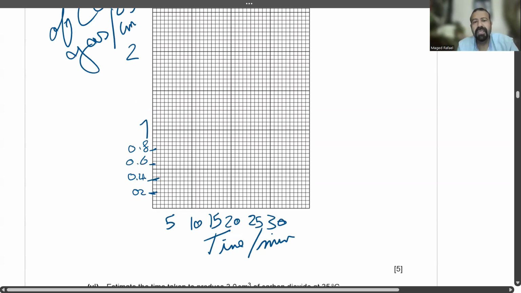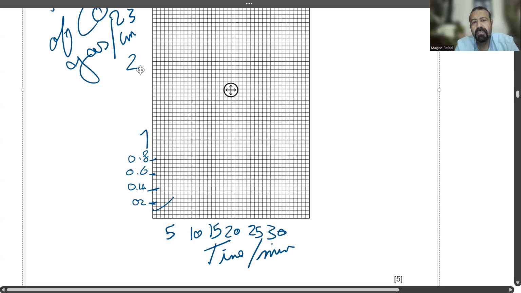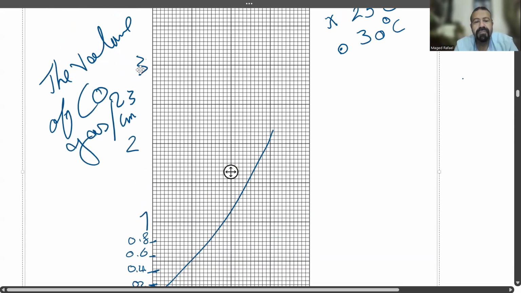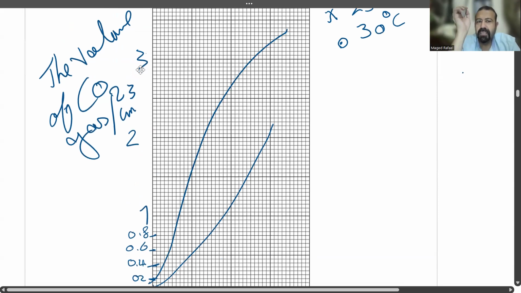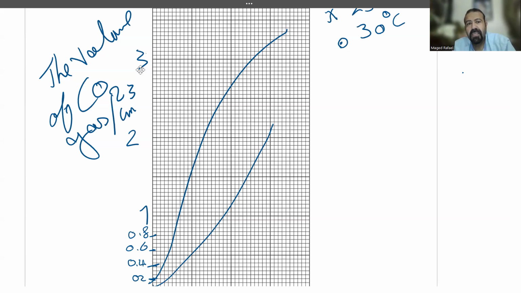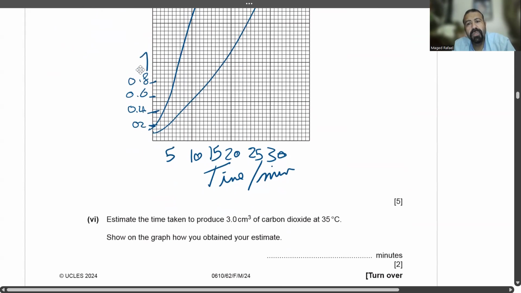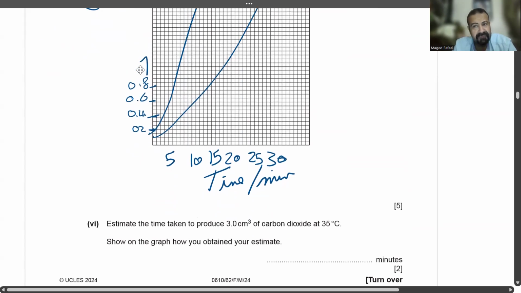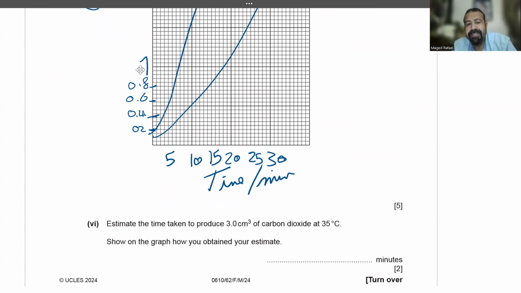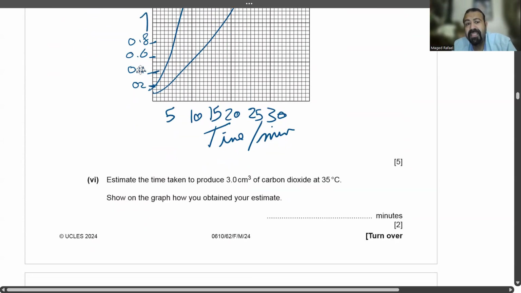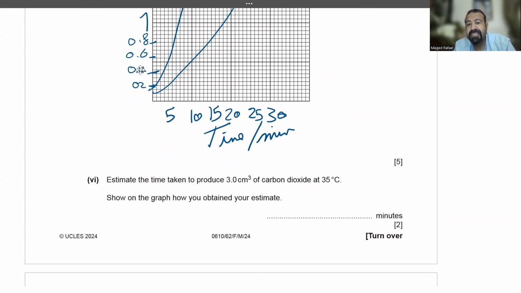And you will draw the lines, a line for example for 25, another line for the data of 30 degrees Celsius. You should connect between the points using a ruler. If it is curved, draw the line graph accordingly. And he's asking you to estimate the time taken to produce 3 cubic centimeters.